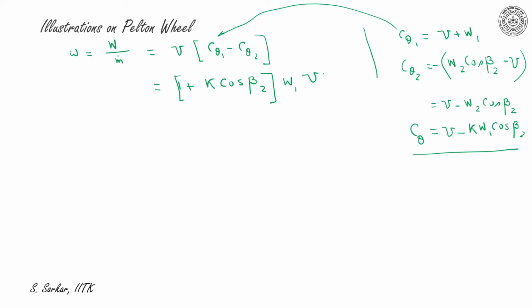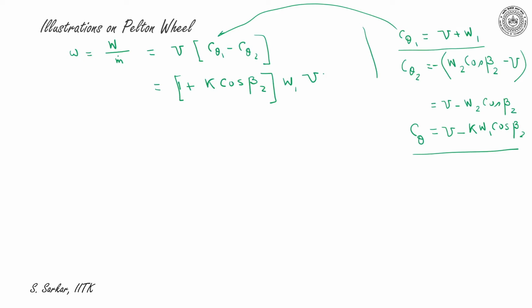Now again W1 can be written as, from this expression, C theta 1 minus U, and C theta 1 is equal to C1.